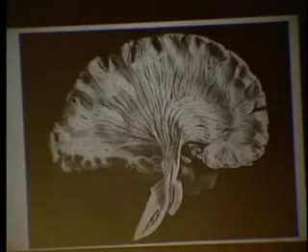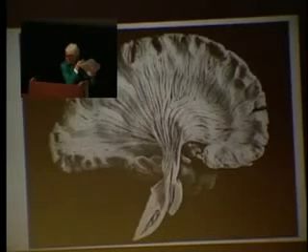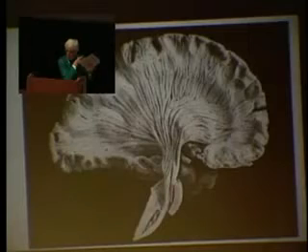Stick out your tongue. How'd you do that? You had corticobulbar. Where'd it go? What cell? What innervates the tongue? The hypoglossal what? Cranial nerve. Where are its cell bodies?